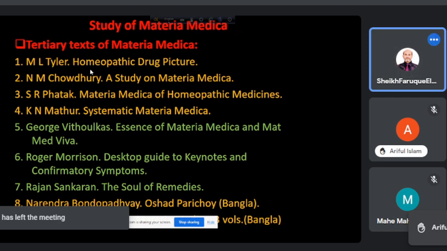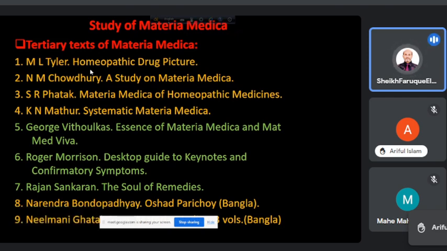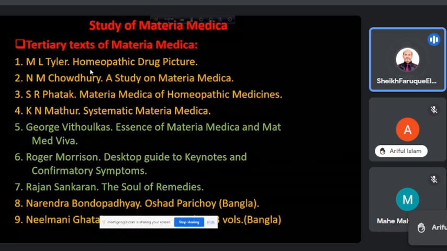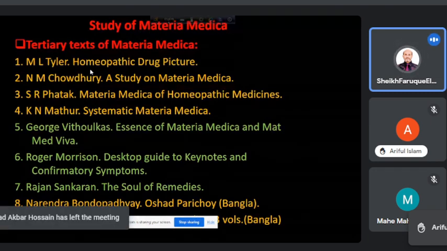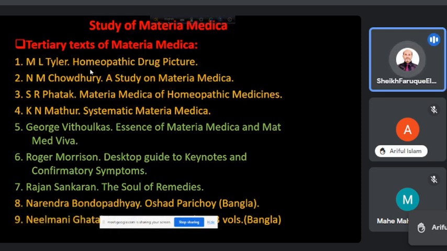You find first she writes what Kent said, what that doctor said, what Farrington said, five or six doctors, and at the end she writes, in my view, this is this. These sort of books are very good because in one book you get the views of other big stalwarts as well as her own views. So you cannot afford to go without this book.